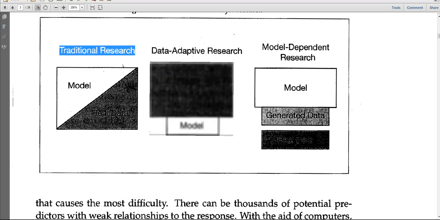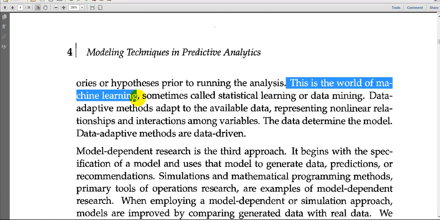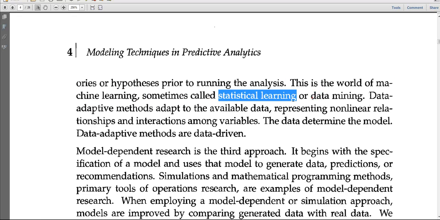Rather, you just let the data generate some different models, and you're letting the computer do that work for you, basically. That's what the data adaptive approach is. And he says this is the world of machine learning, sometimes called statistical learning or data mining.